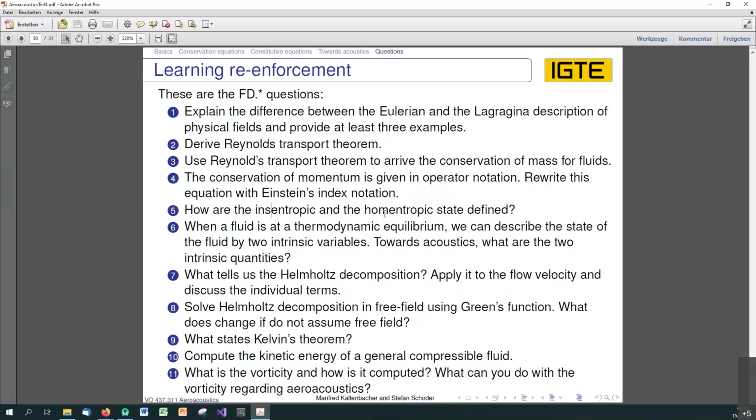You can just look this up, and you will be fine. So these are the 4 questions you will have to hand in for your examination of the fluid dynamics part: questions 1, 3, 4, and 5.